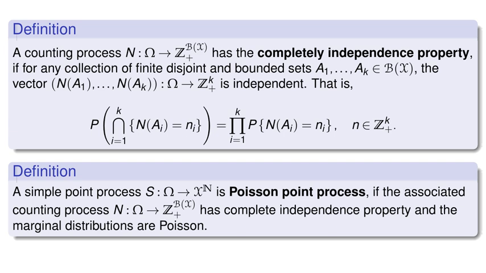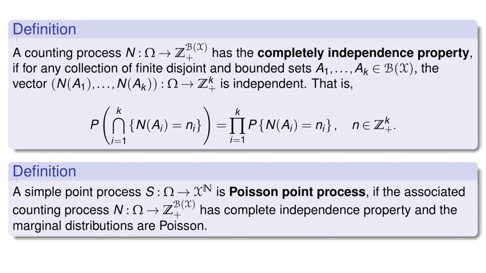Now, we can formally define a Poisson point process. A simple point process S mapping from omega to script X raised to N is called a Poisson point process if its associated counting process N mapping from omega to Z plus raised to script B of script X possesses two key properties.